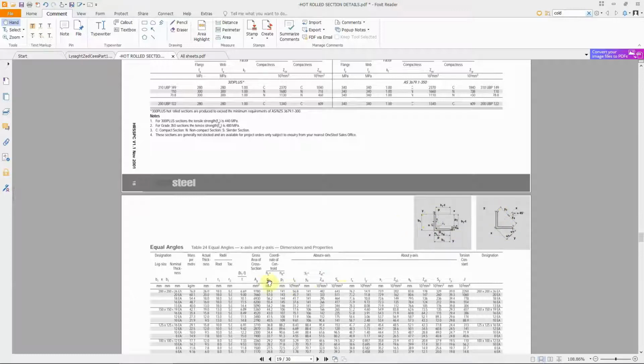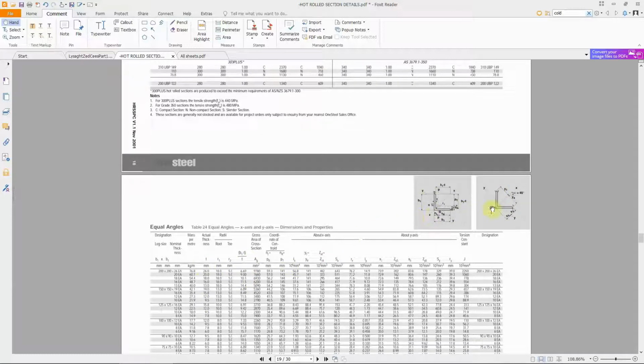Obviously all the properties of these components are shown here in terms of measurements for each one of them. You don't need them too much, they're all stored in the software, but we need to understand when I say we need to use 75 by 75 by 5 EA for bracing.